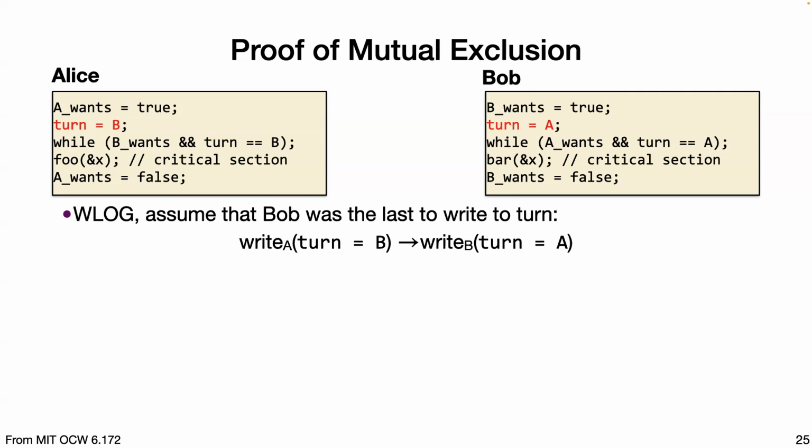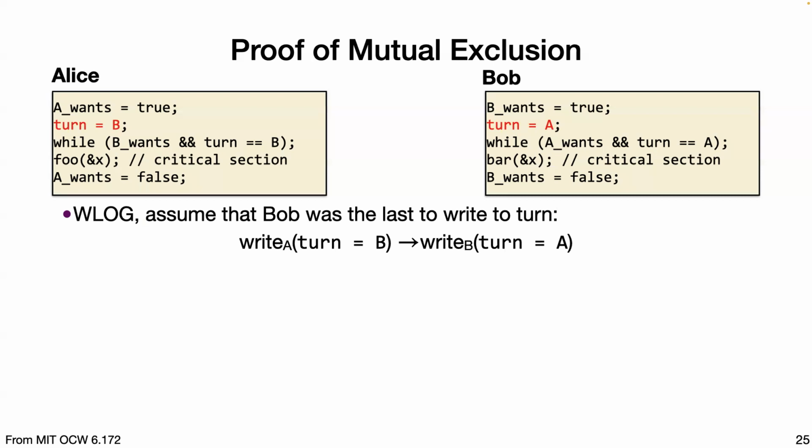It doesn't matter because you can just reverse this argument. That means Alice had to write turn before Bob wrote the turn. That's just the assumption. So A's write happens before B's write to turn.